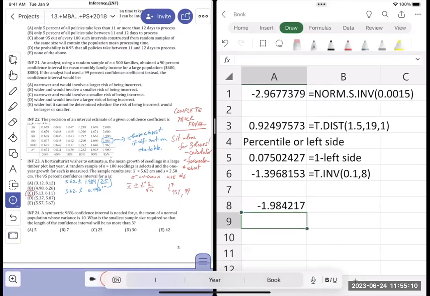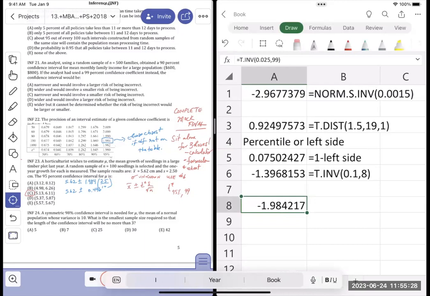And we get 1.984. Okay, so that is good. That's the best we can do. That's right, Marcos.